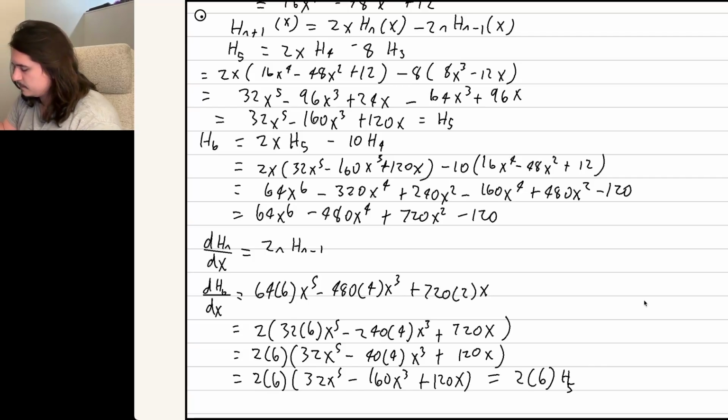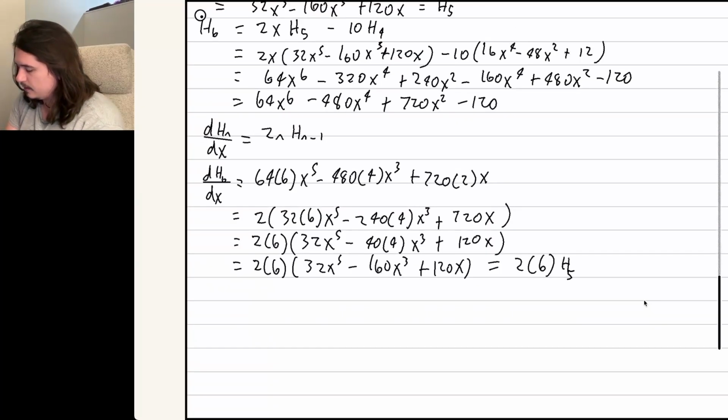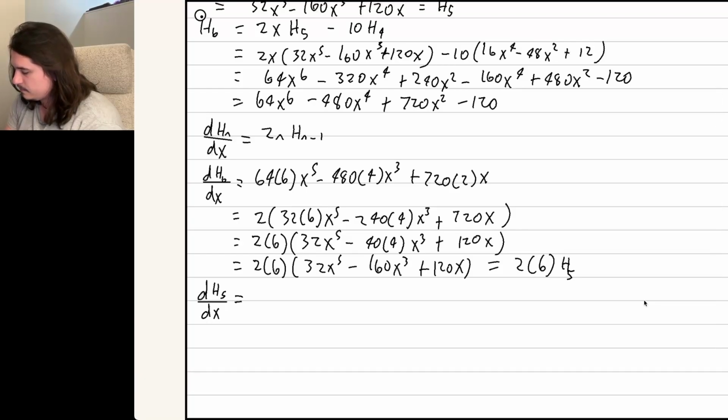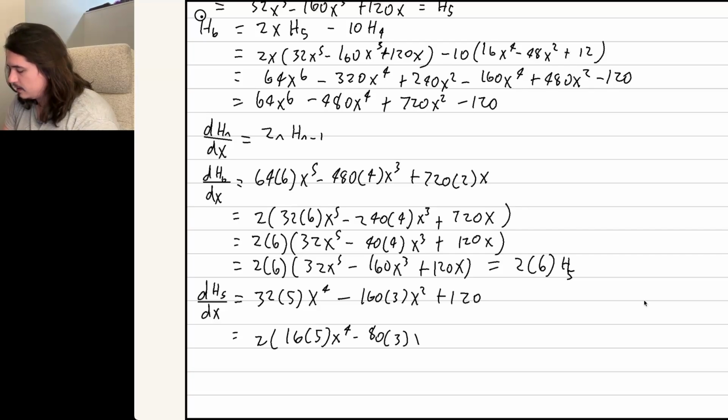Checks out. Let's do then the derivative of h5 with respect to x. So that's going to be 32 times 5 times x^4 minus 160 times 3x squared plus 120. Presumably we can factor out a 2, so let's do 2 times 16 times 5x^4 minus 80 times 3x squared plus 60.